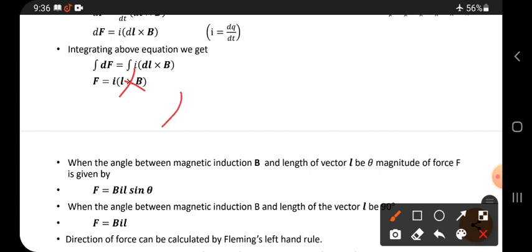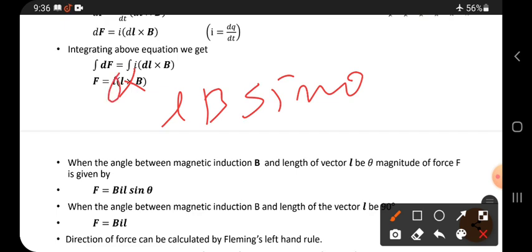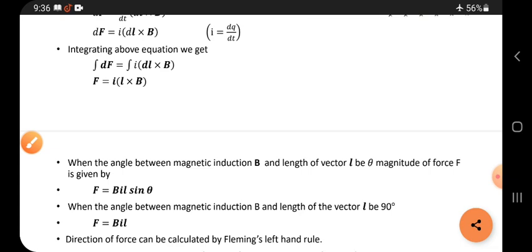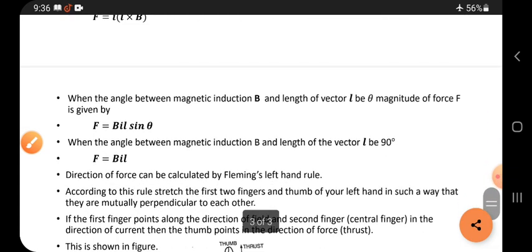If you remove the cross product, we can write L B sin theta, and along with it I is also there, so I L B sin theta. B is written to this side, so it becomes BIL, for remembering only BIL. So force is BIL sin theta.